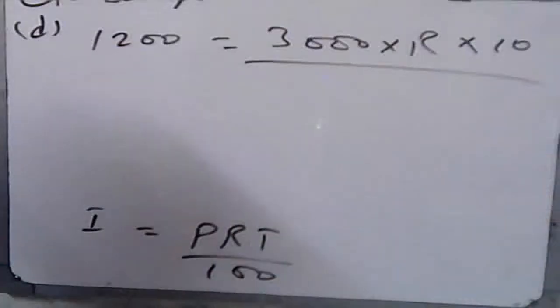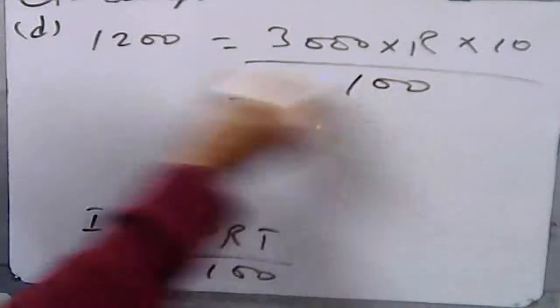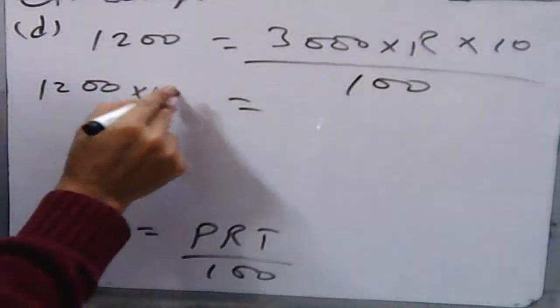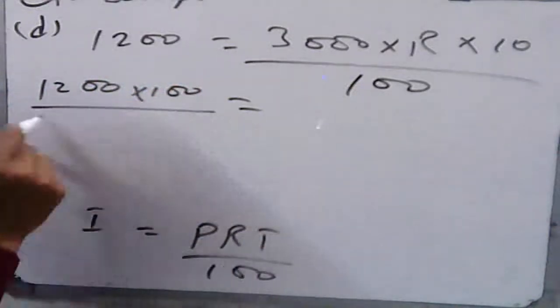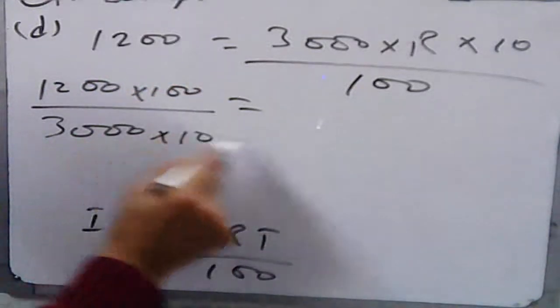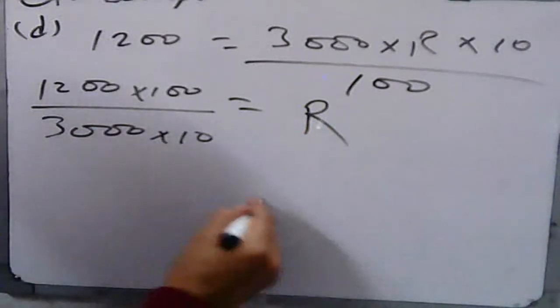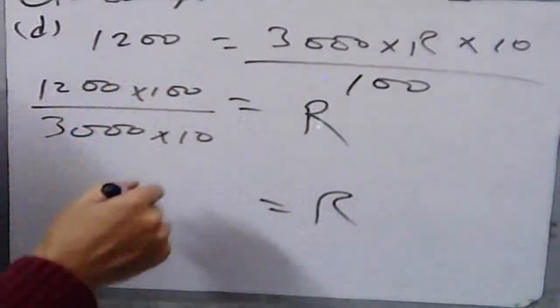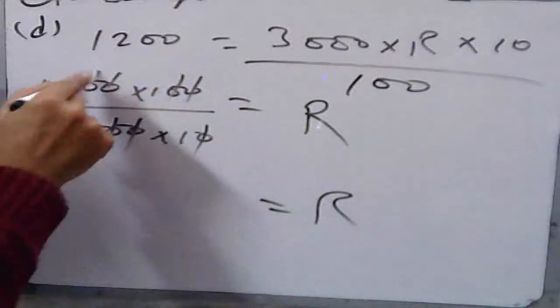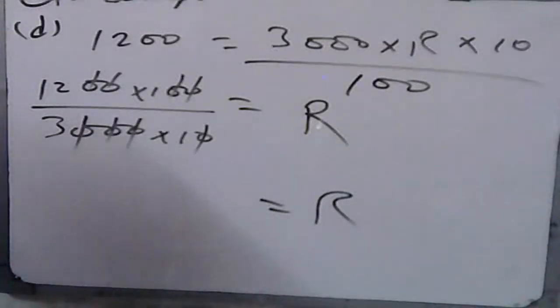By using cross multiplication, R is equal to 1200 multiplied by 100 divided by 3000 multiplied by 10. You can see how to simplify. After cancelling the zeros, the rate of interest is 4%.